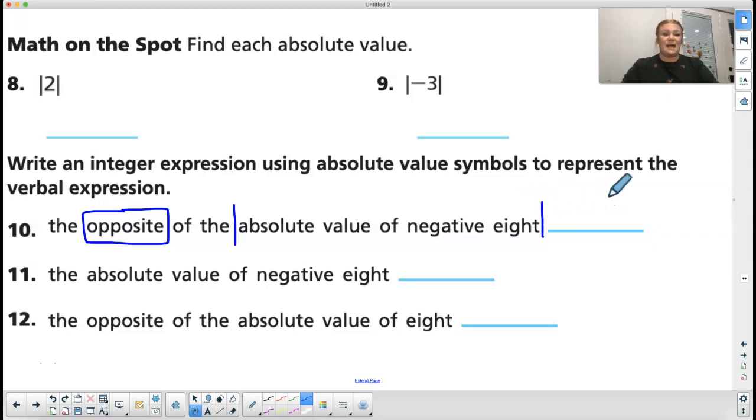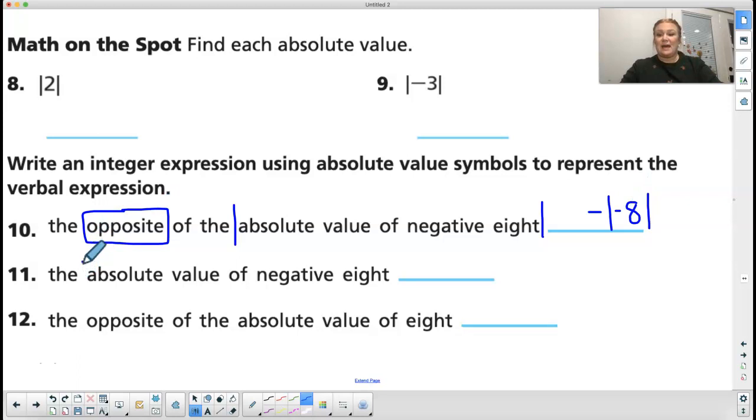So if I'm writing the absolute value, I'll get my marks, and -8 goes inside of that. And now I want to do the opposite of that. So right here, out to the front, there's nothing there. So it is positive. I'm going to make it negative. So now this time it has to be a negative answer because I want the opposite of the absolute value.